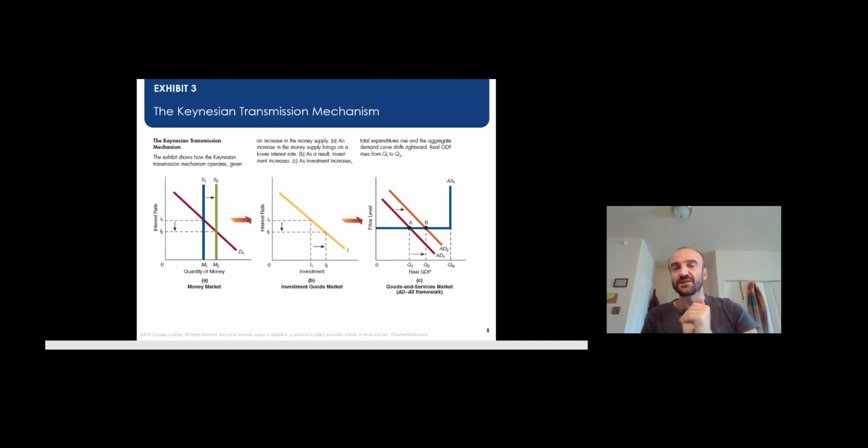That's one thing. The second thing is, what is this vertical portion of the aggregate supply curve? That's essentially the long range aggregate supply curve. That's the value of aggregate output or production that corresponds to full employment of resources.